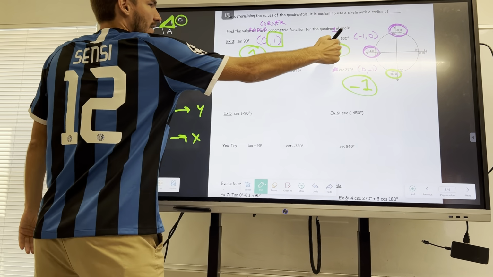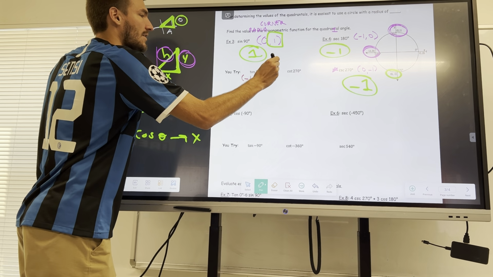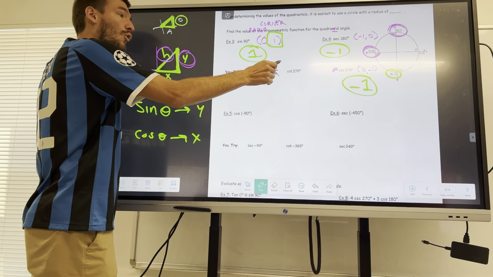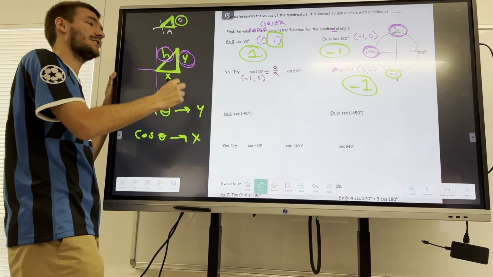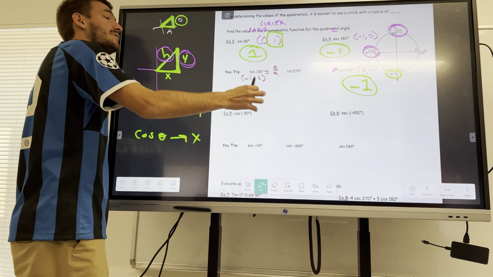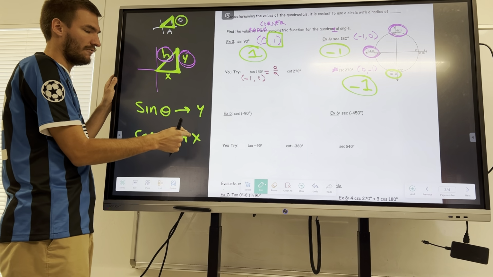Does sine work with opposites or does cosine work with opposites? Sine works with opposites. So when it's tangent, it's actually kind of like the sine over the cosine. Because tangent is opposite over adjacent. O is used in the sine function and A is used in the cosine function. So for tangent, we're going to do y over x.